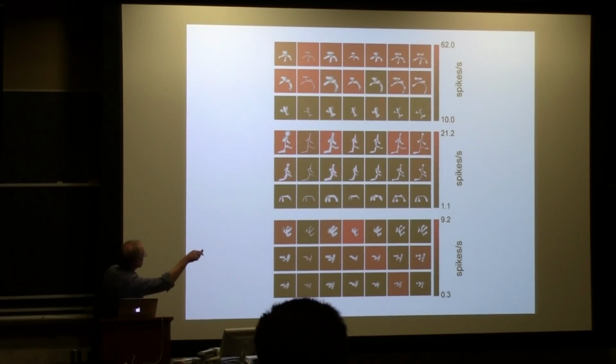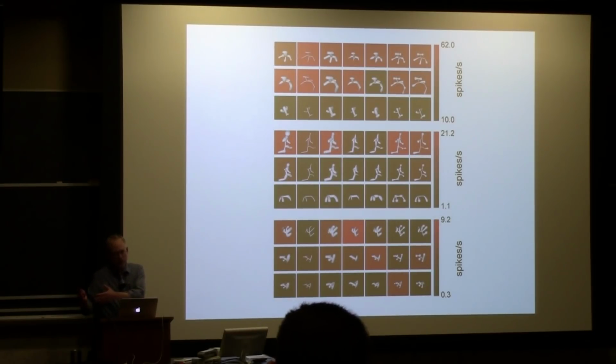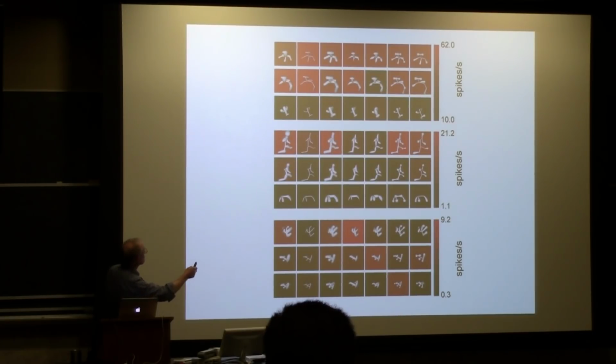And what's done in the change across these columns is keeping the same medial axis structure, but then changing the surface structure that surrounds it. So this is a way of distinguishing whether responses are absolutely consistent and faithful for medial axis structure, or whether they're also sensitive to surface structure.